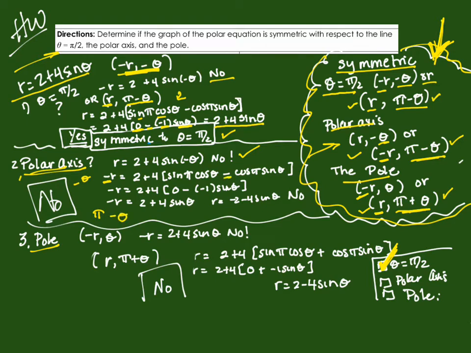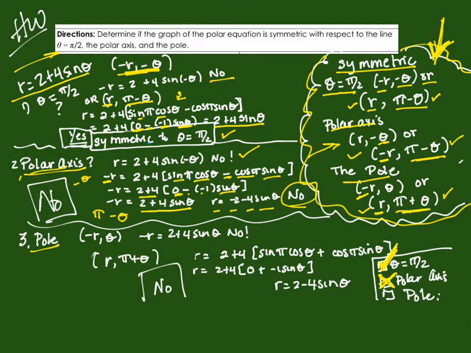It's sine pi cosine theta minus cosine pi sine theta, same as in your notes. So negative r is 2 plus 4, and the sine pi would make this 0, and you have a minus negative 1 sine theta. So you end up with negative r is 2 plus 4 sine theta. If you multiply through by negative 1, you get r equals negative 2 minus 4 sine theta. So that's a no. So no to the polar axis.